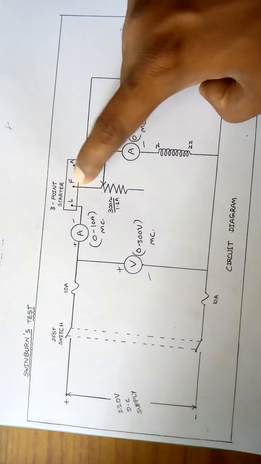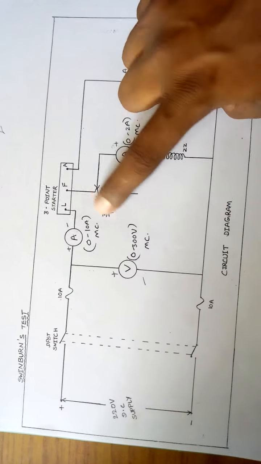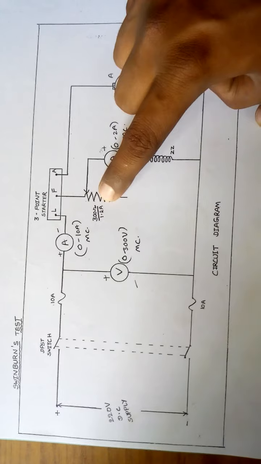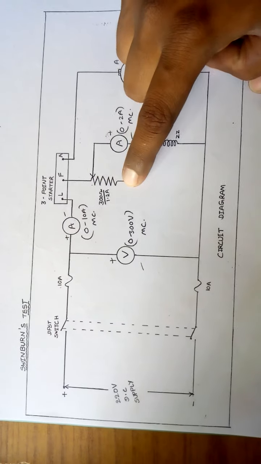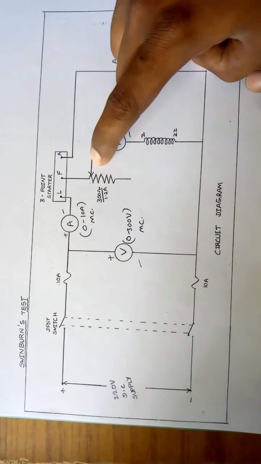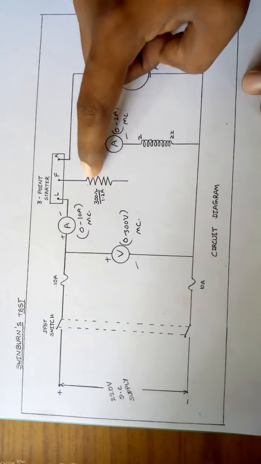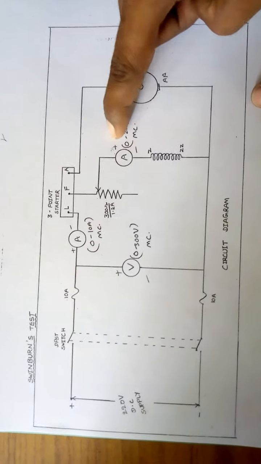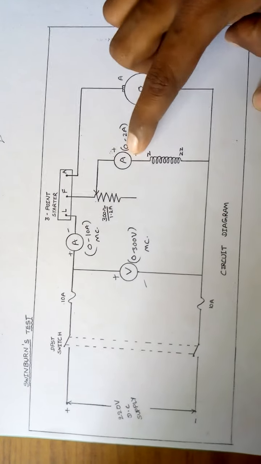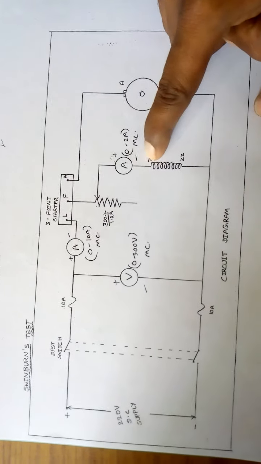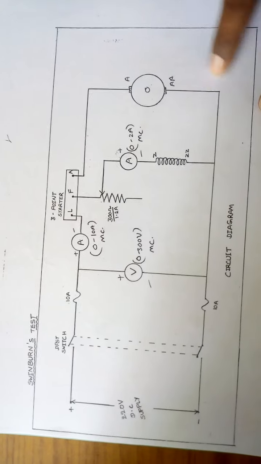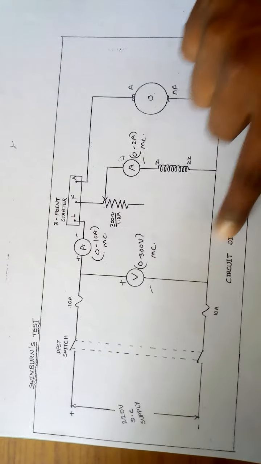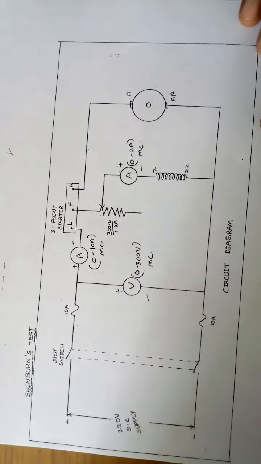From here take one wire and connect it to a 300 ohm by 1.2 amperes rheostat. This is the fixed end, and wherever the arrow mark is, that is the variable end. From the variable end take one wire to ammeter plus, and connect to field winding Z. Field winding ZZ is connected to armature AA as well as voltmeter 300 to the negative terminal.